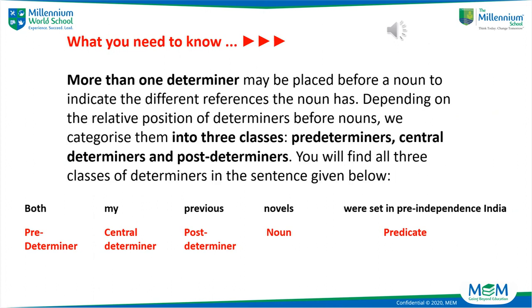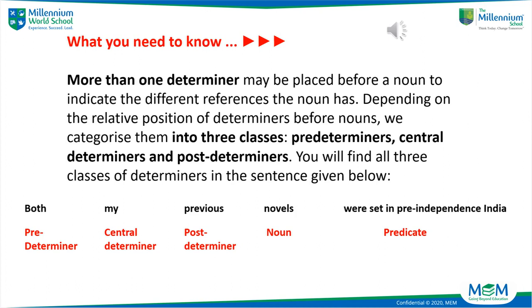More than one determiner may be placed before a noun to indicate the different references the noun has. Depending on the relative position of determiners before nouns, there are three classes of determiners: predeterminers, central determiners, and post-determiners.